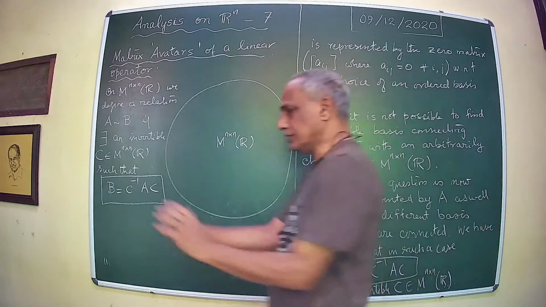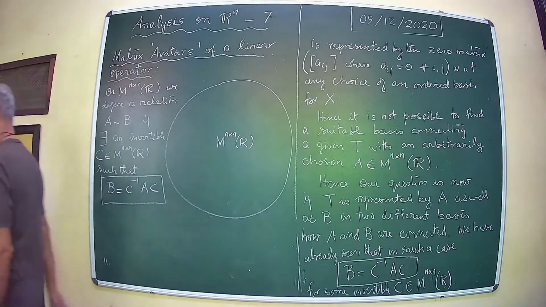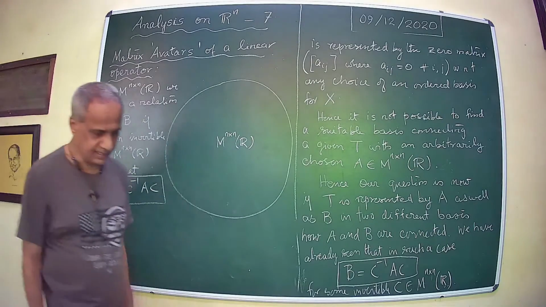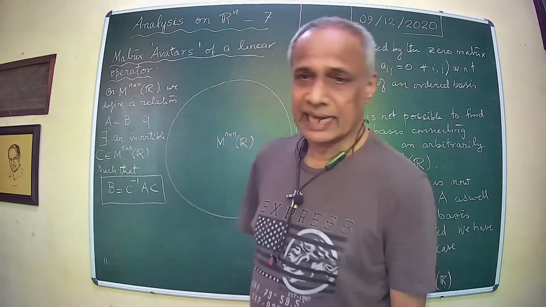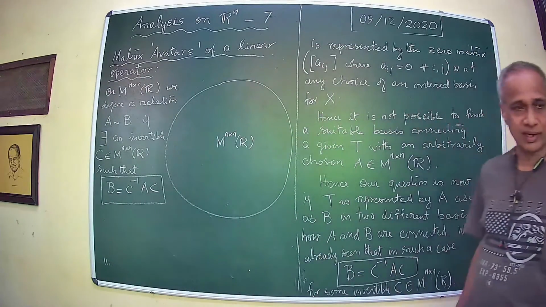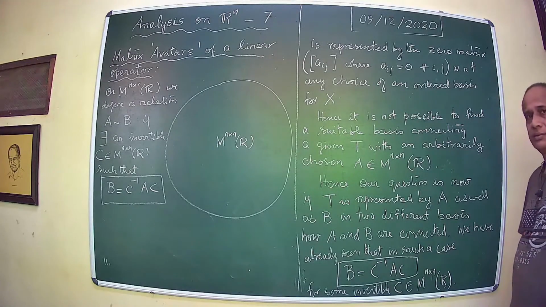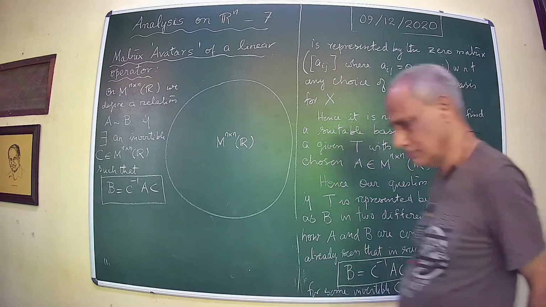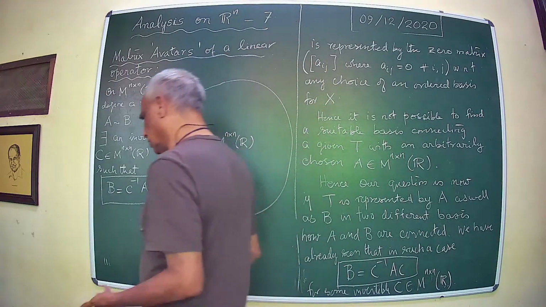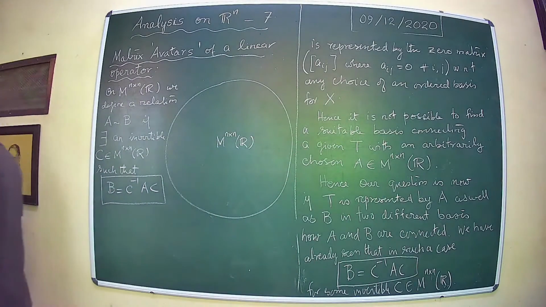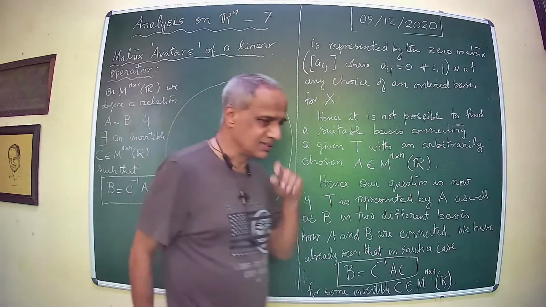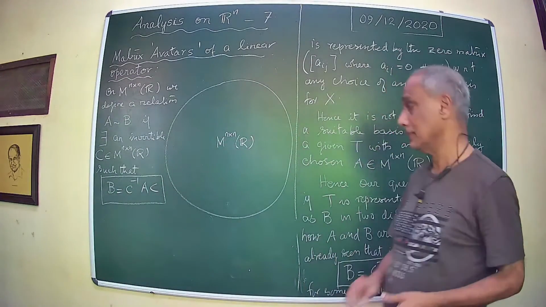If such a C does not exist, then A and B are not related. For instance, the identity matrix is never related to any other matrix. The zero matrix is not related to any other matrix. So these are some of the observations that we make.